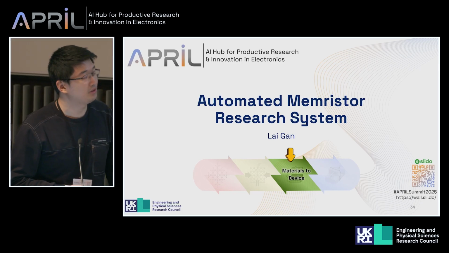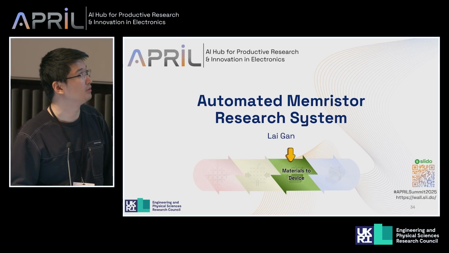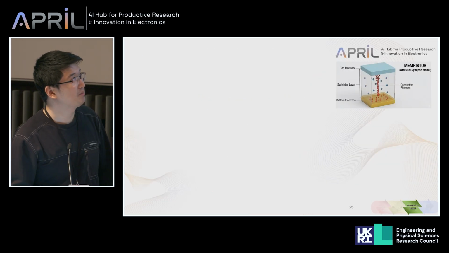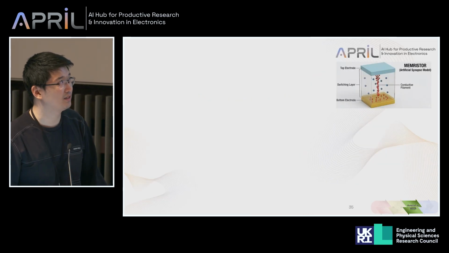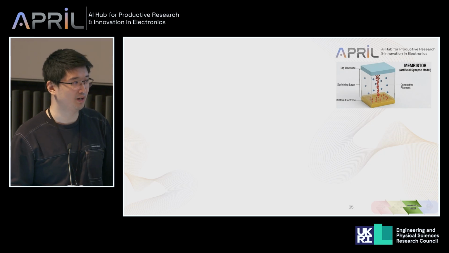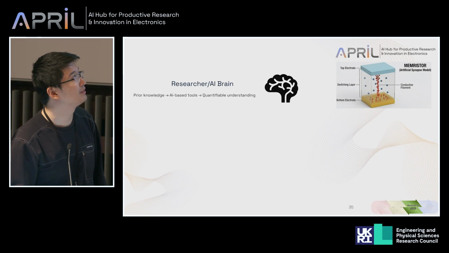Hi. So today I will give a short introduction to our automated Memristor research system. A Memristor is a kind of device that's history dependent, meaning its behavior is shaped by its past states. So we should have some recording of the device's entire life.